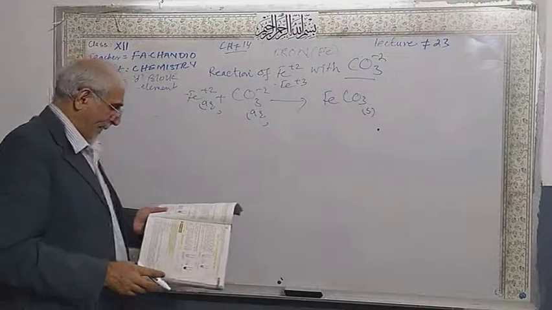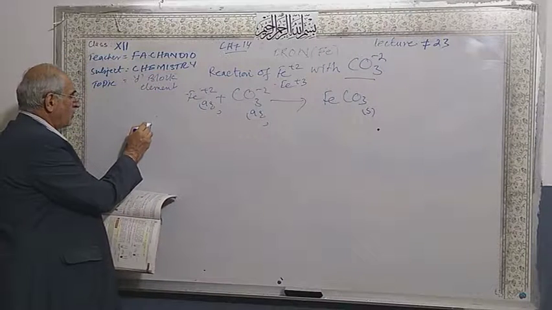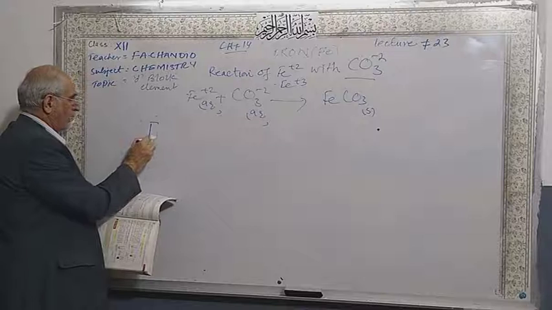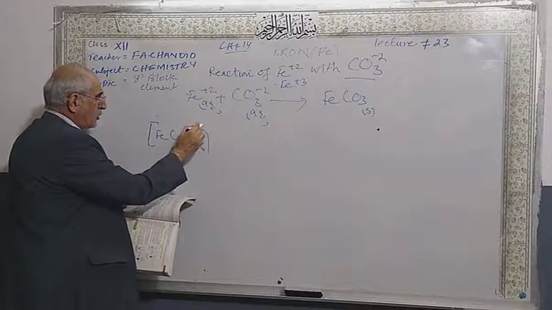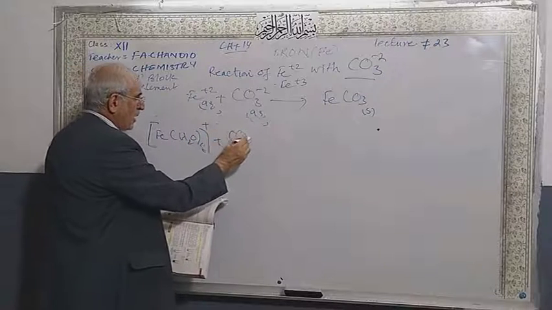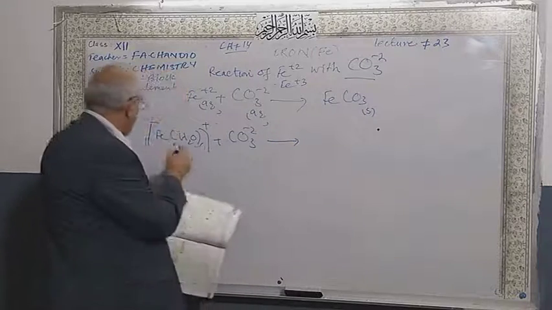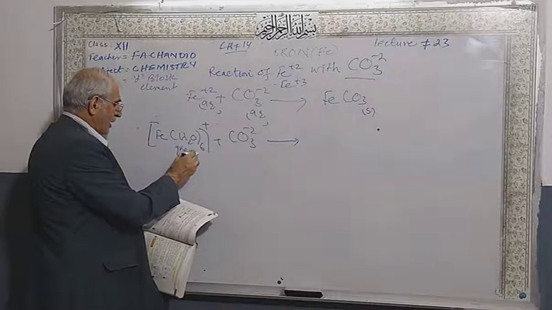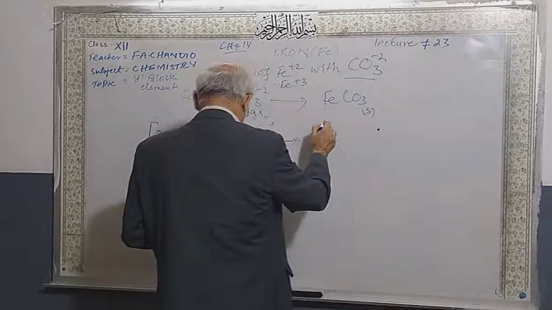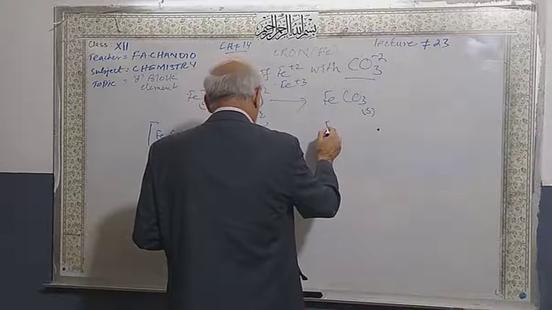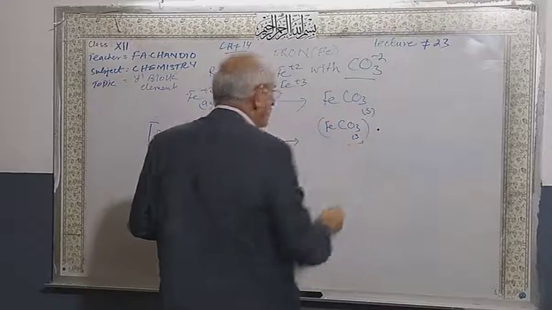So hexa aqua iron 2 plus carbonate changes into this, the very light gelatinous green again, and you will get the dark green iron carbonate solid.